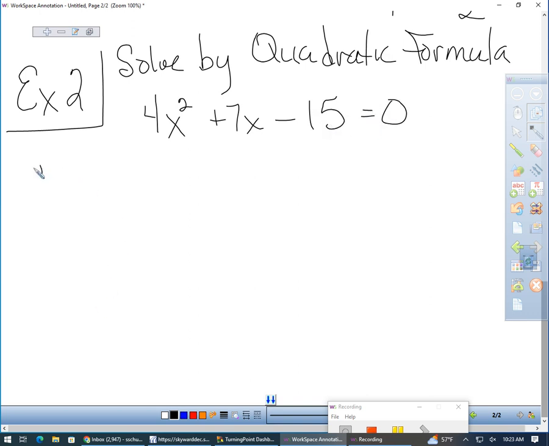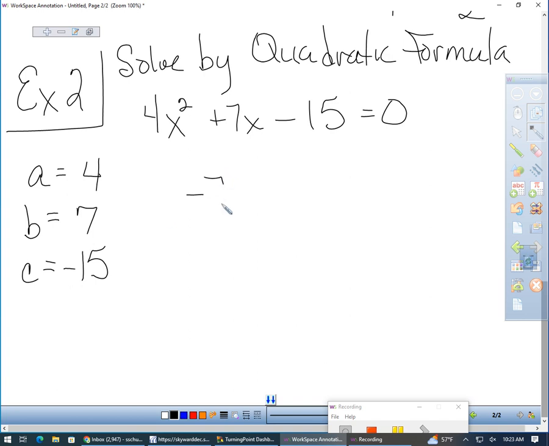All right, so what is my A value? 4. What is my B value? And what is my C value? Negative 15. Good. All right, now we're going to plug it into the formula.